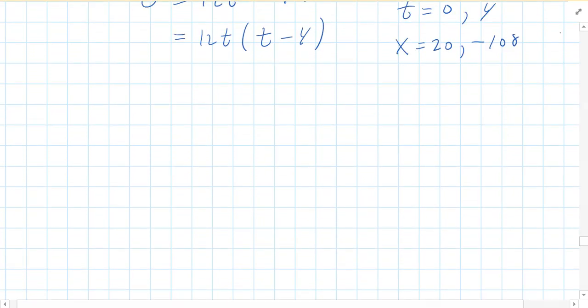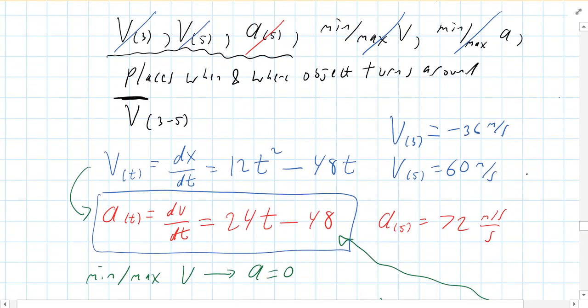The next thing I asked you to find is what's the average velocity between 3 and 5 seconds? Oops, let me rewrite that. Well, up here I found the velocity at 3 and 5 seconds. It was negative 36 and 60. If I do the average of those two, it'd be 60 plus negative 36, which would be 24, divided by 2 would be 12.